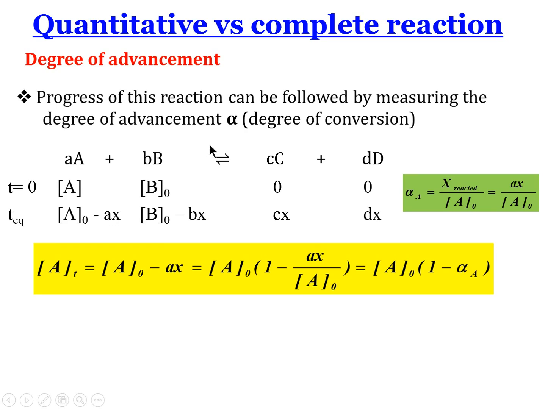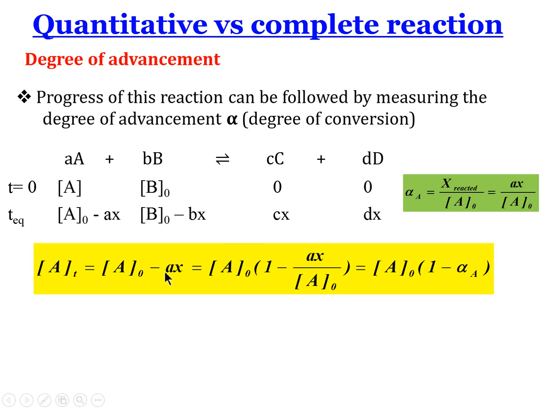Then we know the equilibrium constant for this reaction. The equilibrium constant is equal to the concentration of the products divided by the concentration of the reactants at equilibrium, according to the stoichiometry.